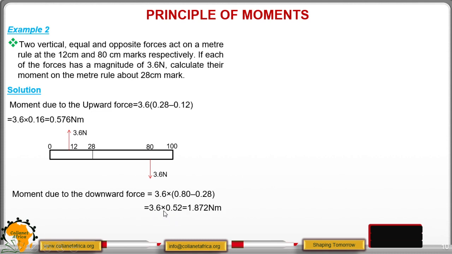You will get 0.52, then you multiply with this force. The answer will be this. And therefore, the total moment will be the first moment, which is this one, added to the downward moment, which is this one. And the total moment will be this one.